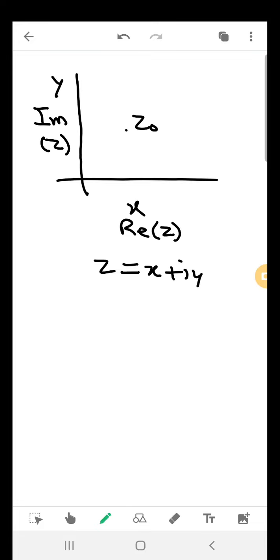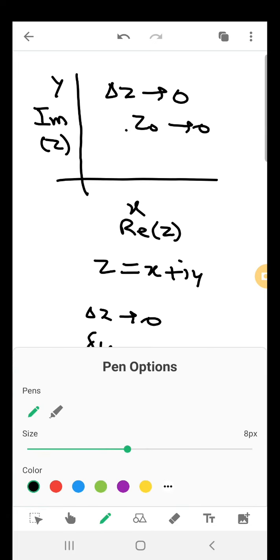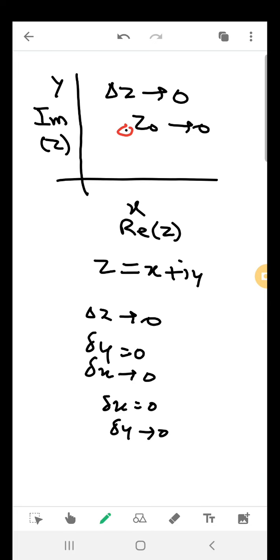If delta z tends to 0, it can be approached in two different ways. First, delta y is equal to 0 and delta x tends to 0, or delta x is equal to 0 and delta y tends to 0.